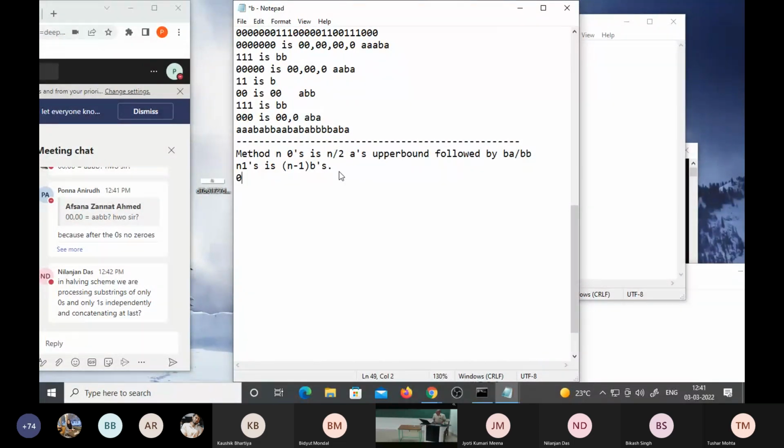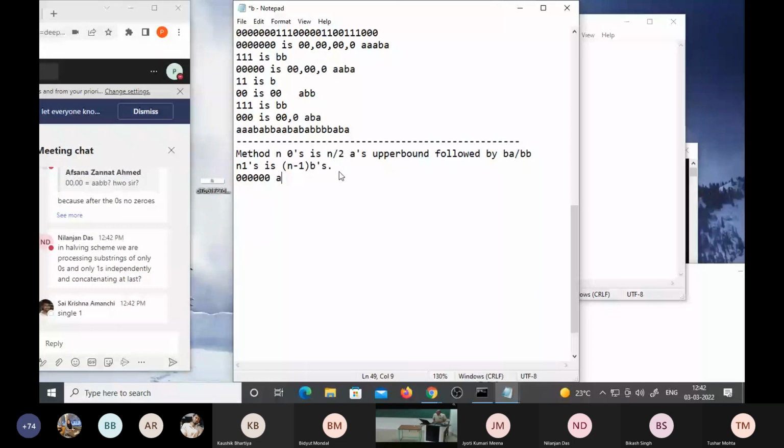Now, let us see what is this. 0, 0, 0, 0, 0. 5 zeros are there. So this will become A, followed by BA. And suppose there are 1, 2, 3, 4, 5, 6, 6 zeros. So this will become A, followed by BB. And suppose there are 5 zeros.